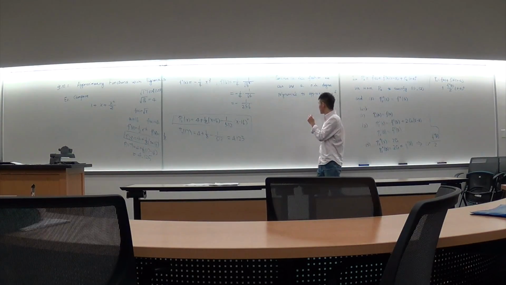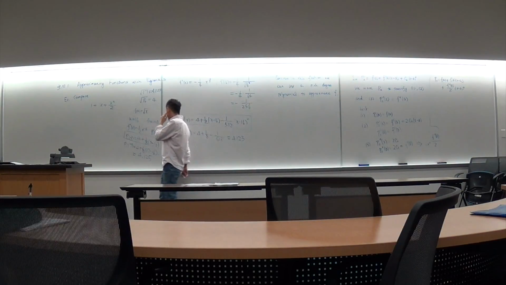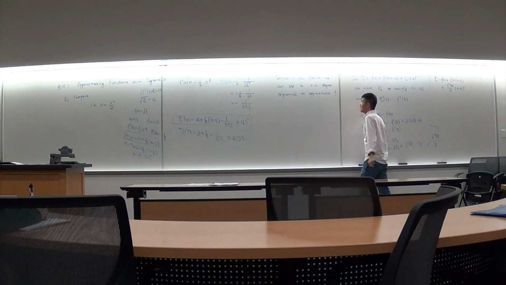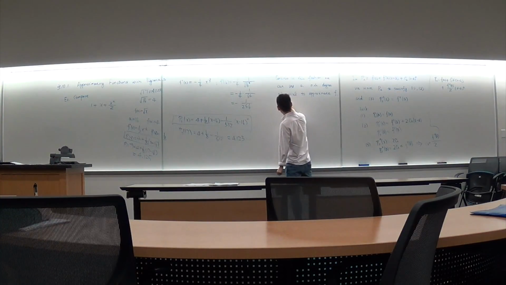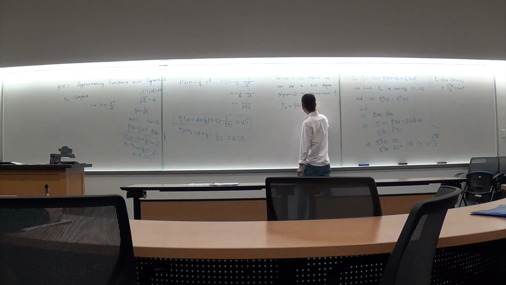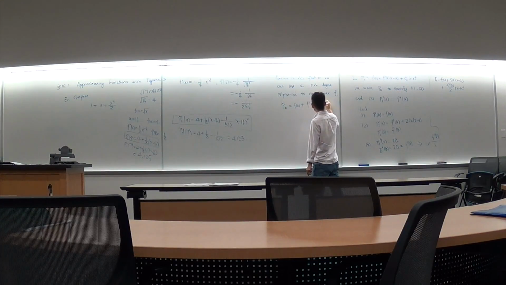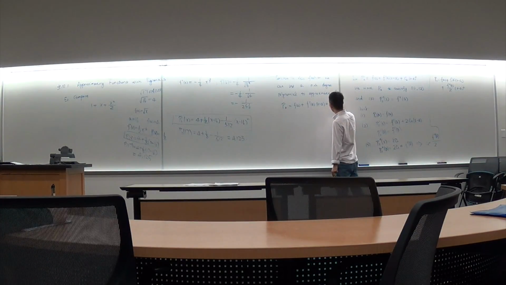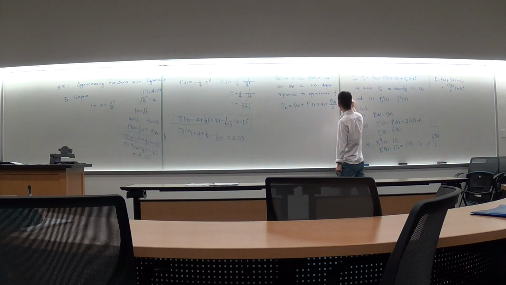So how do we find this general formula for Pn? First, Pn should look like this. It's f of a plus f prime of a times (x minus a), and then plus f double prime of a over 2 times (x minus a) squared.